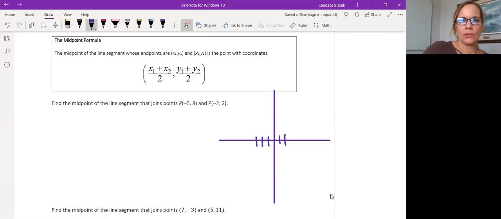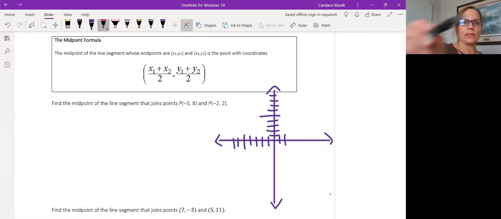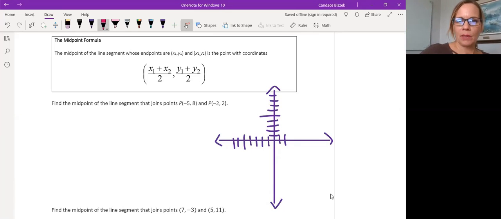And I want to make sure that I have all right. That's actually all I need. So if we were to plot these points in, I would again have a -5, 8. So we'll be right up here. And my second point is -2, 2.